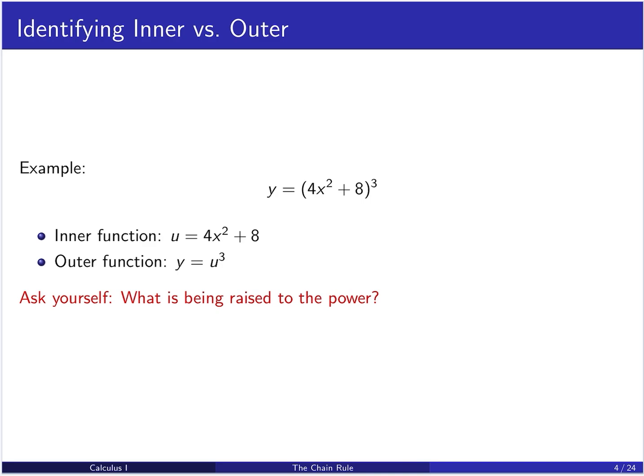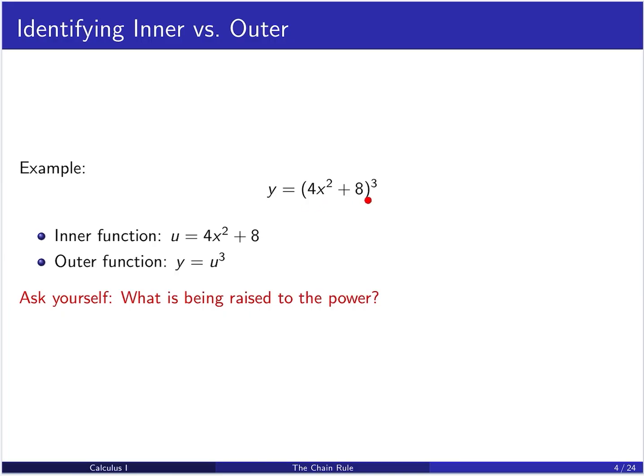You can take any variable, u or v or any other. Here's the question I want you to ask yourself every single time: what is the last operation that would happen if I computed this expression by hand?